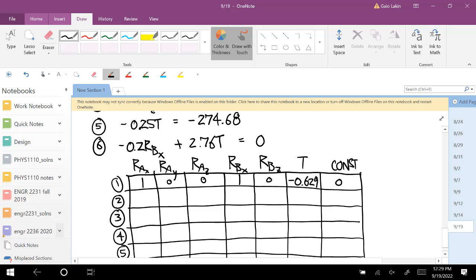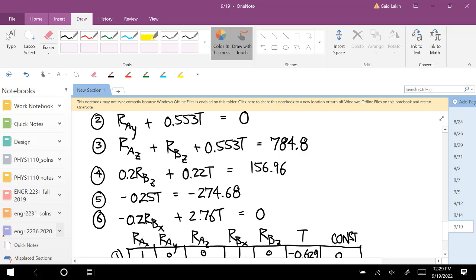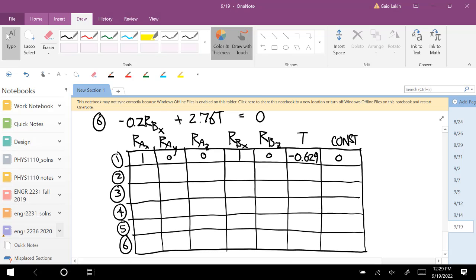And the second equation? 0.553. Everything else 0. Okay, third equation. RBZ is 1. T is 0.553. Constant is 74.8.